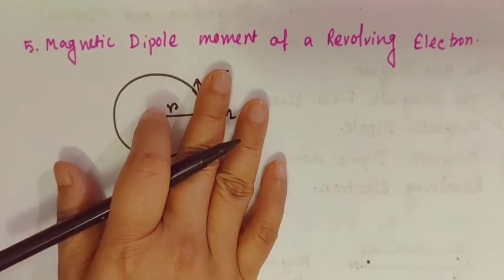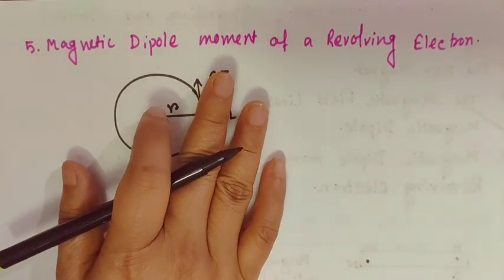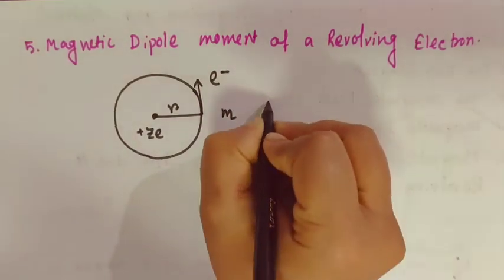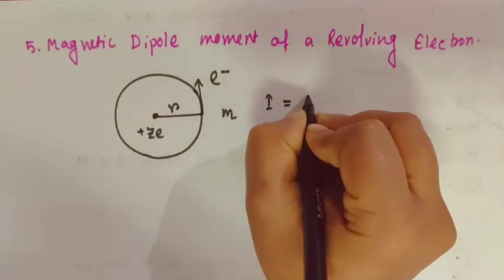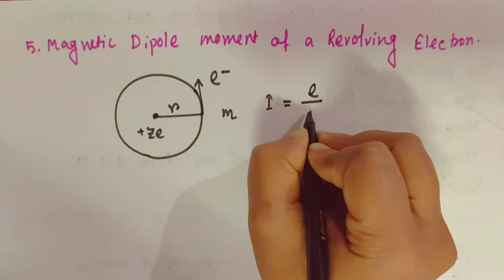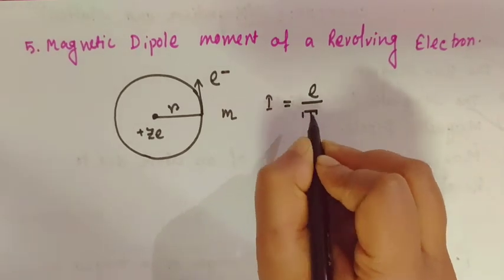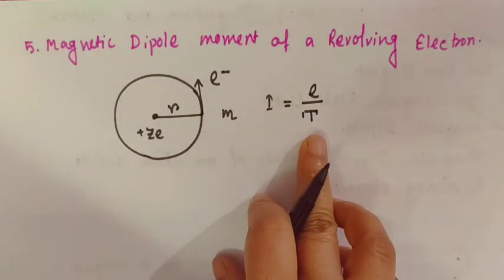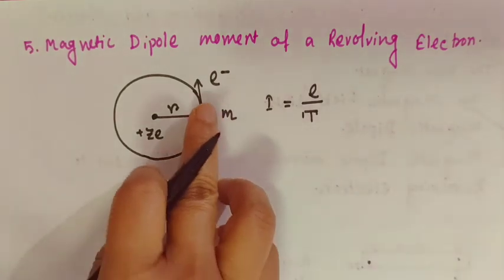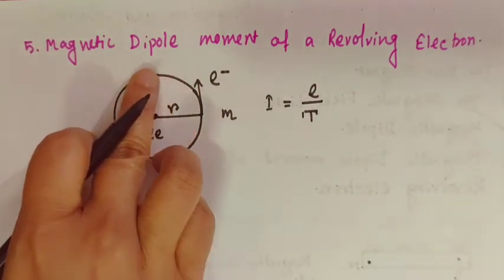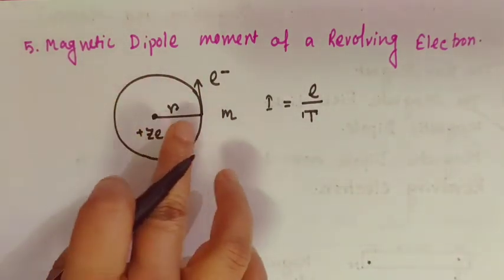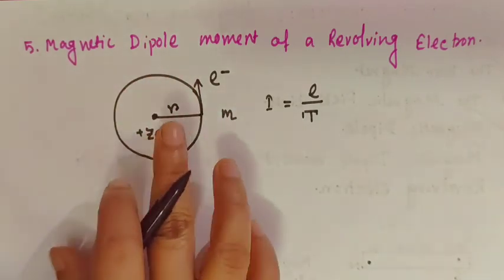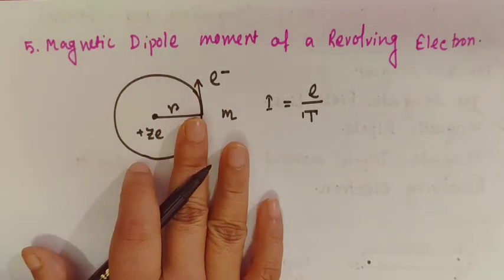So this electron motion is equivalent to an electric current, and the current I is equal to e divided by T. What is T? T is the time taken by the electron to complete its circular orbit. Clear?